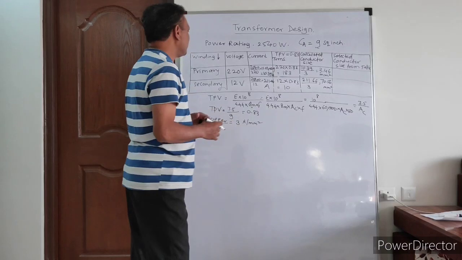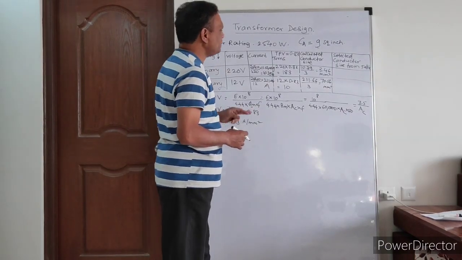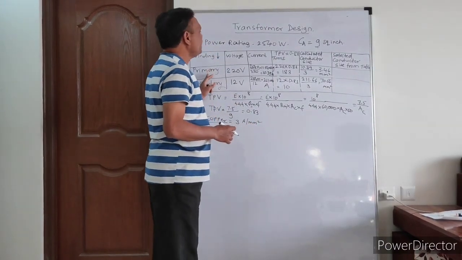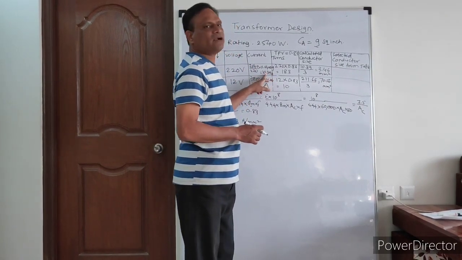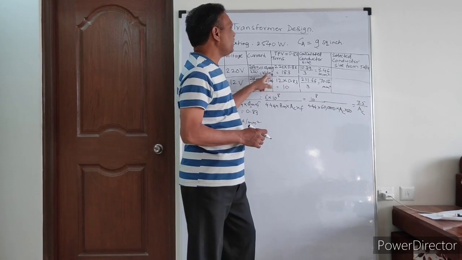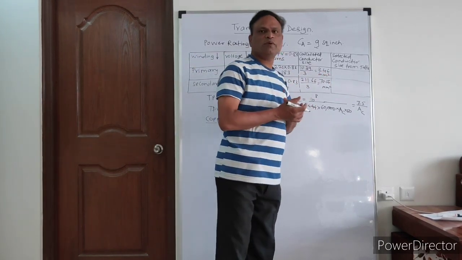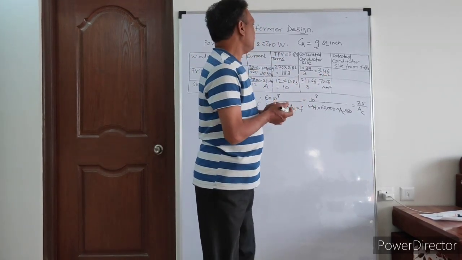So what is our basic requirement? Our basic requirement is that we need a primary conductor which can sustain a current of 10.39 ampere and whose area should be at least 3.46 square mm.